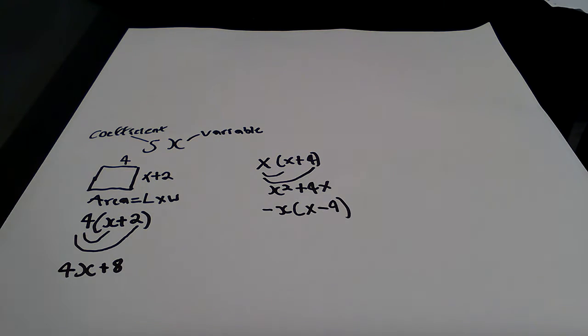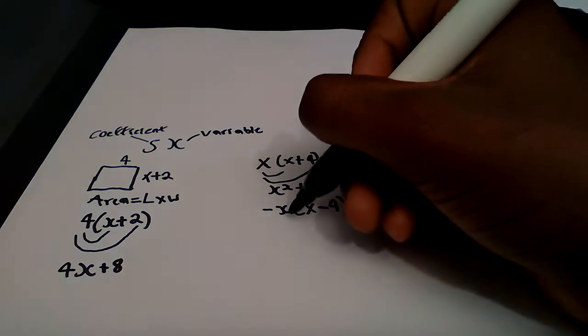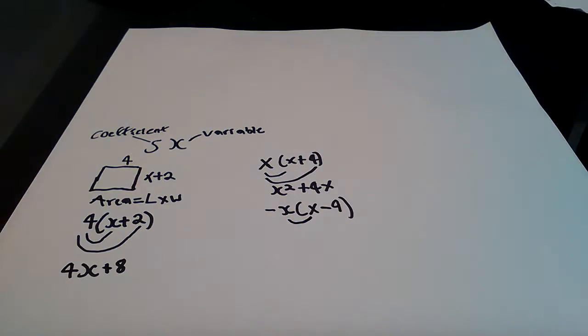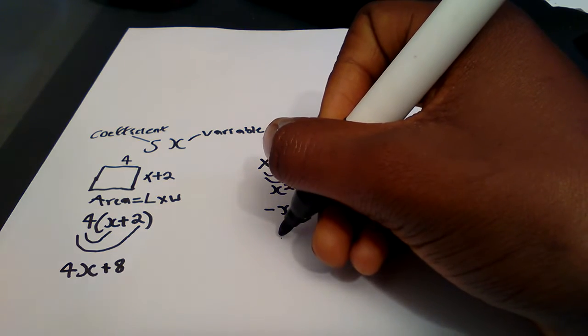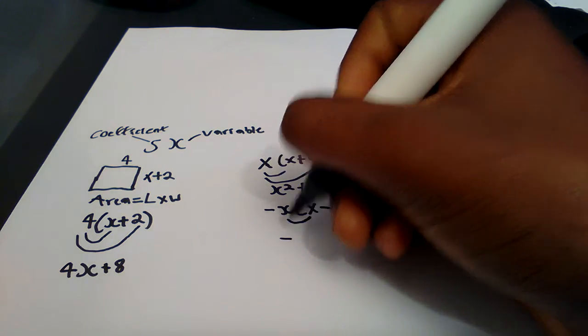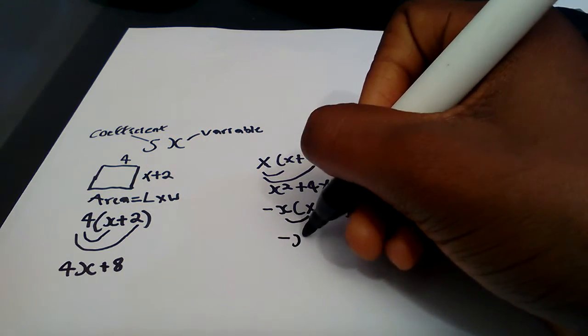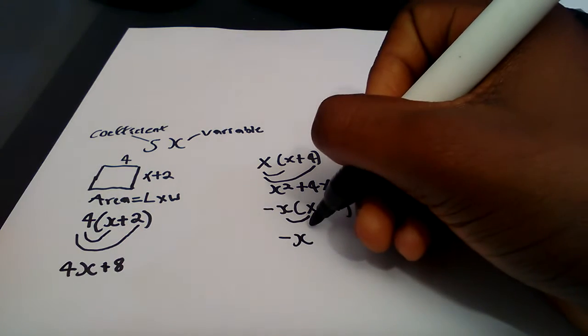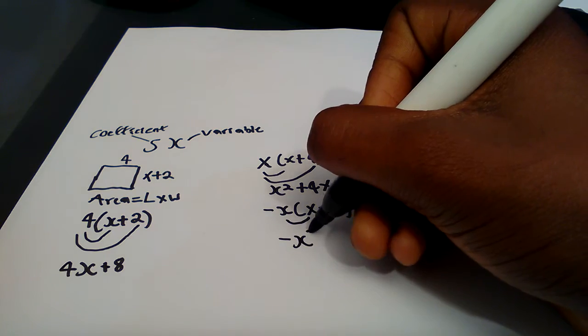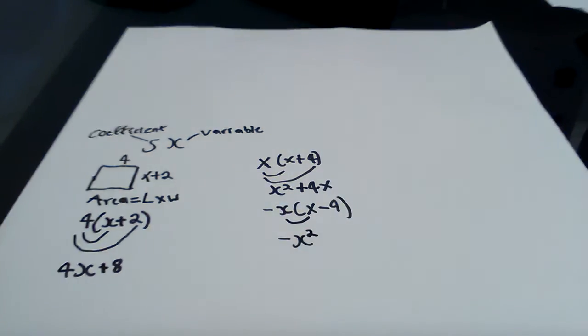A negative times a positive number will be a negative number. So minus x times x will be negative x squared.